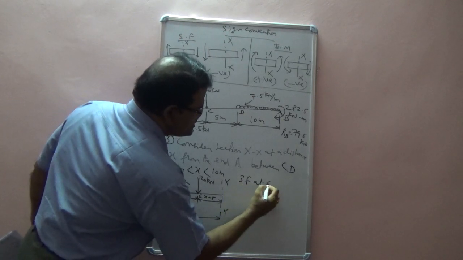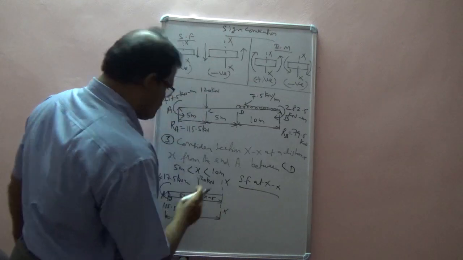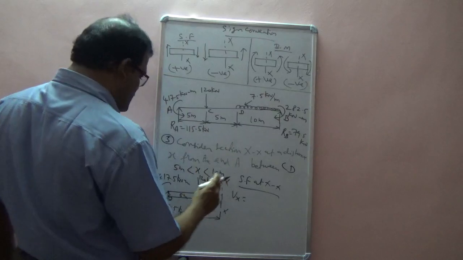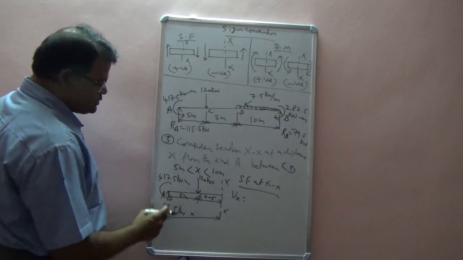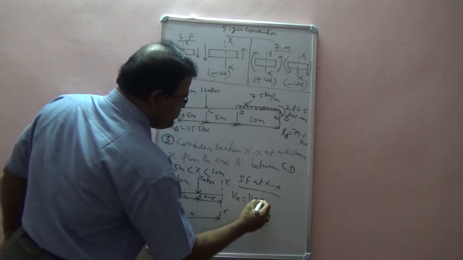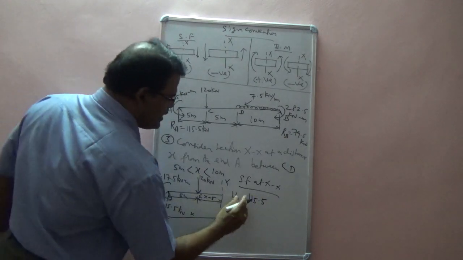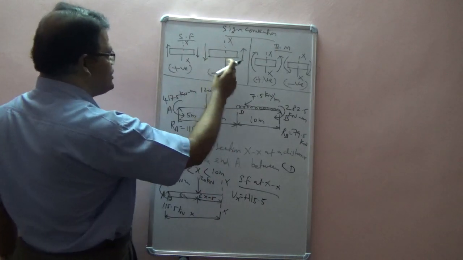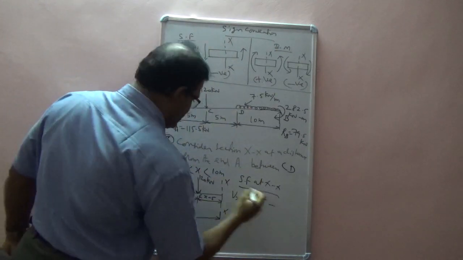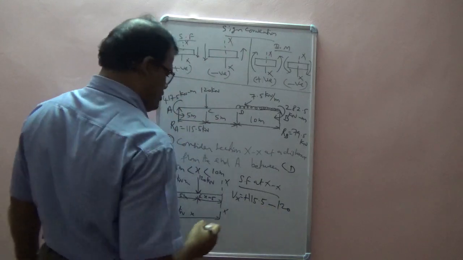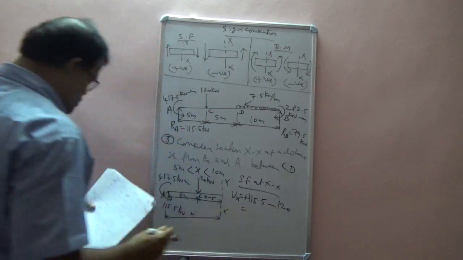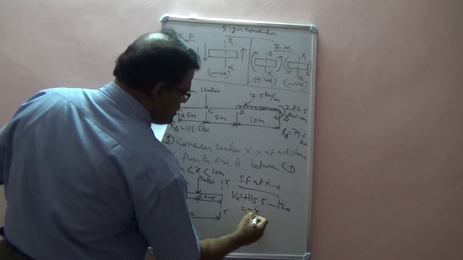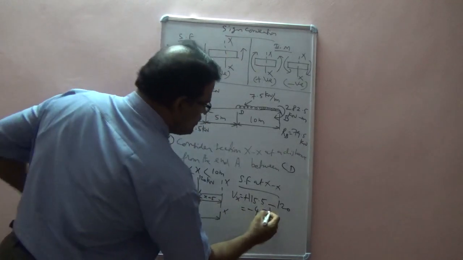Shear force at XX is denoted as Vx. There is one force acting upward, that is 115.5 kilonewton, that is plus sign, and this is acting downward, so acting downward left side negative, therefore minus 120. So Vx is equal to minus 4.5 kilonewton.